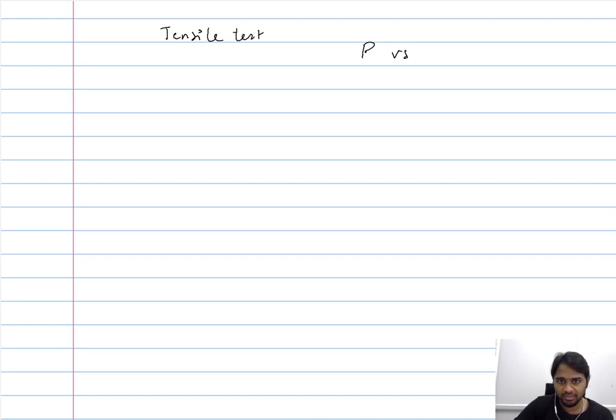The load was directly used, and the amount to which the material was stretched was represented in terms of delta L. So we have the results of the tensile test represented in the form of load versus elongation.